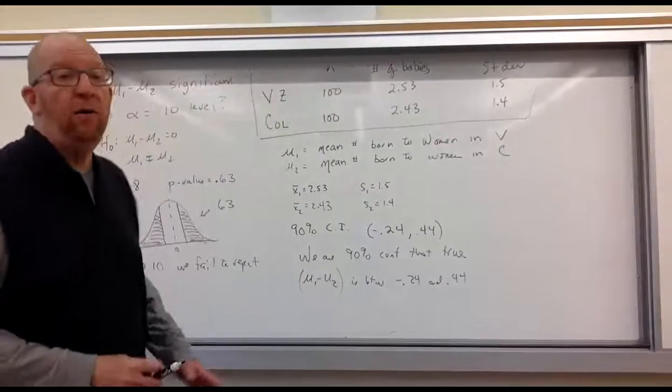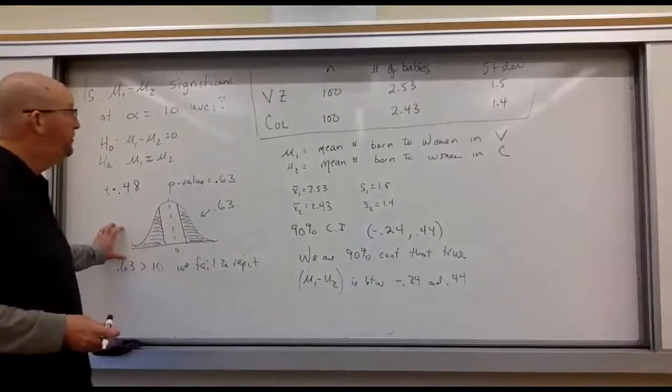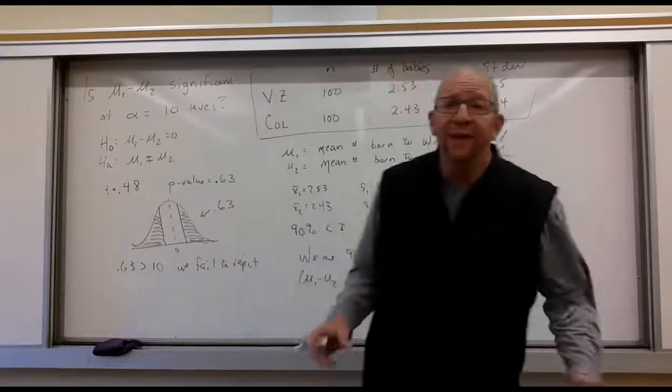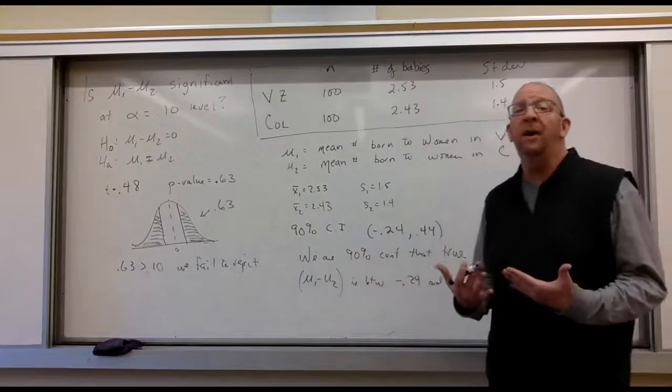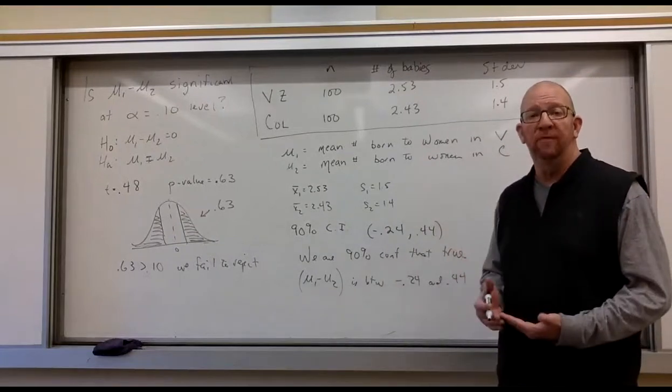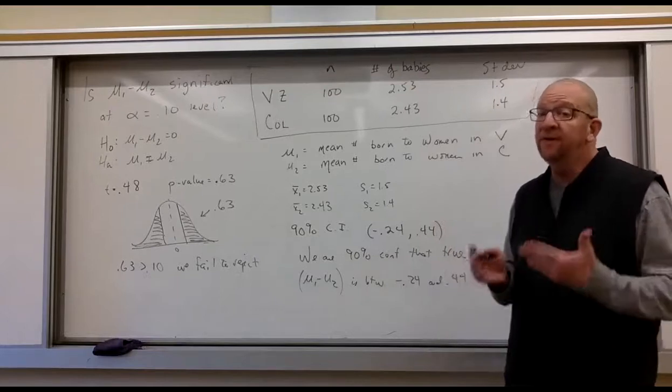Okay, now we've got our result from the test. We've got our result from the confidence interval. Really, the last thing we want to talk about in this unit is the connection between the two. And it's really as simple as the following.